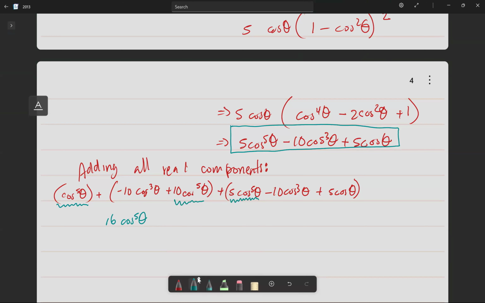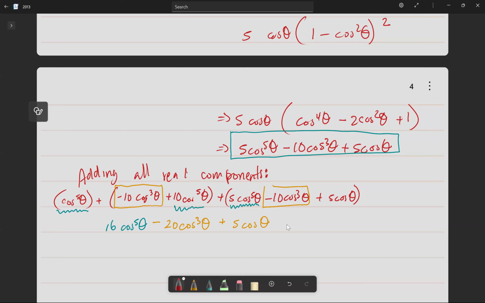The next one is cosine cubed. Cosine cubed is here and here. That becomes minus 10, that's minus 20 cosine cubed theta. And the last part is the constant, which is 5 cosine theta.